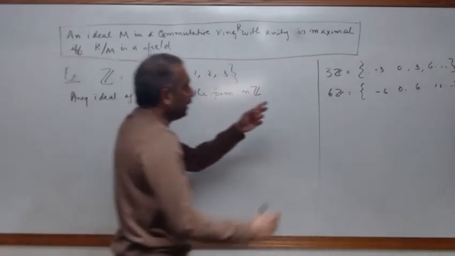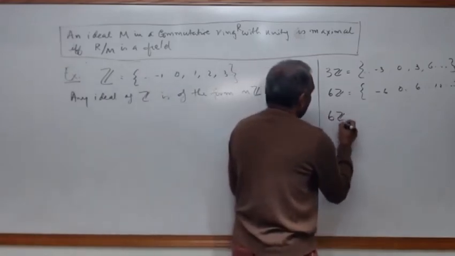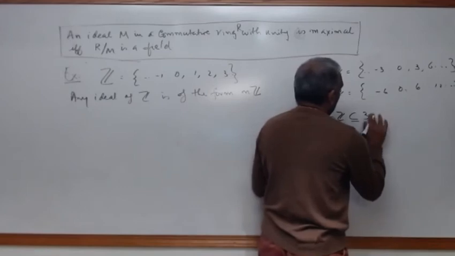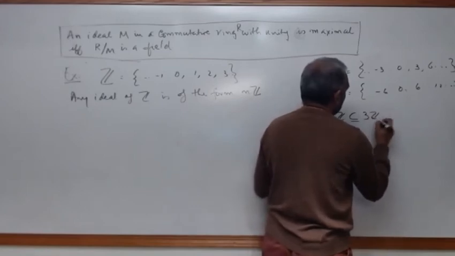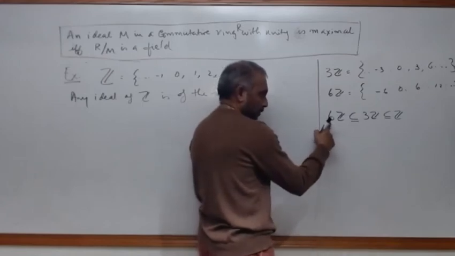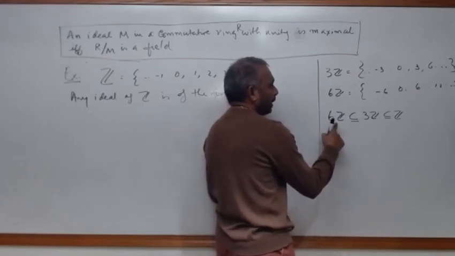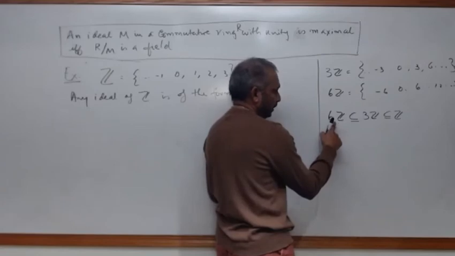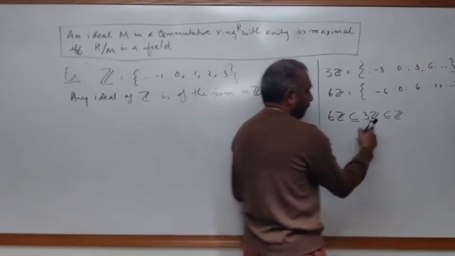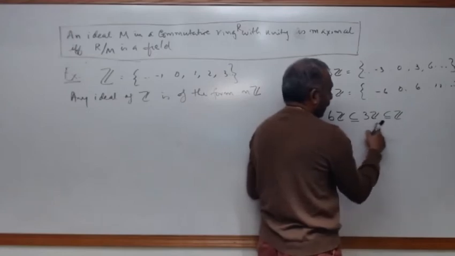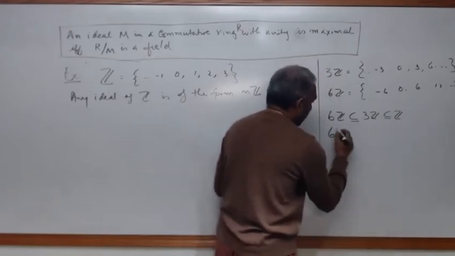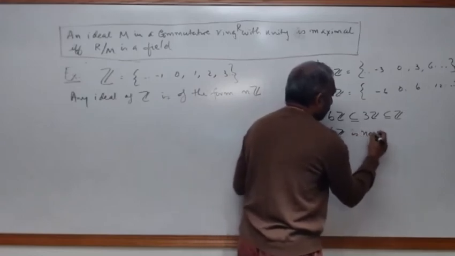So obviously 6Z is contained in 3Z, which is contained in Z. So 6Z is not a maximal ideal, because there is a proper ideal which contains it.